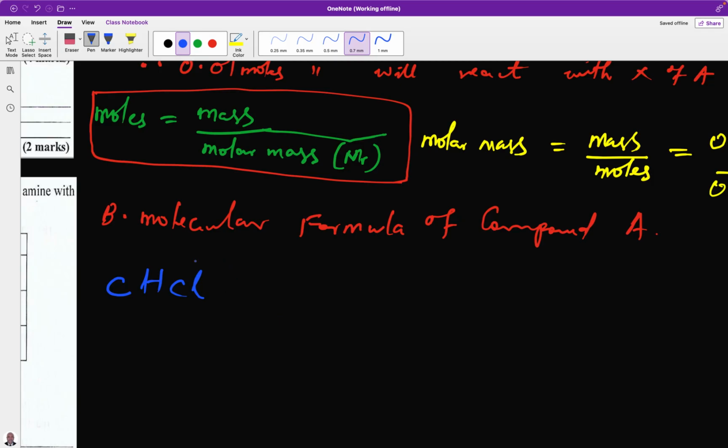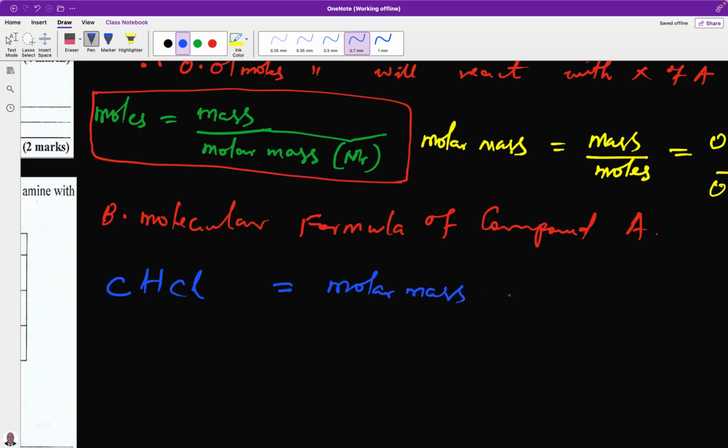If we add all the related atomic masses in the molecular formula, it is supposed to be equal to the molar mass.